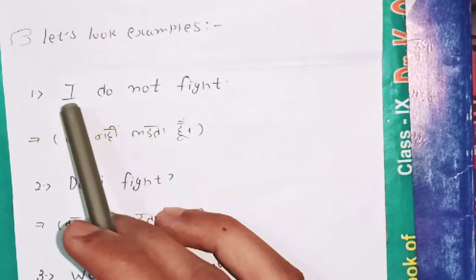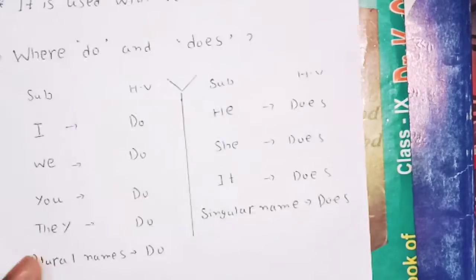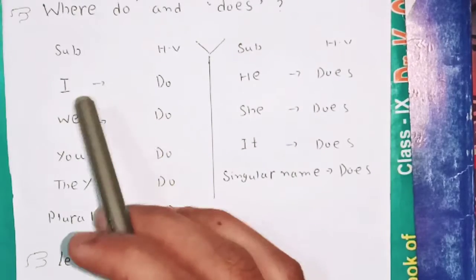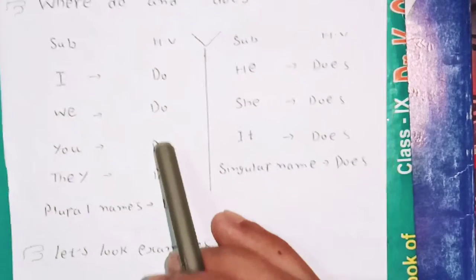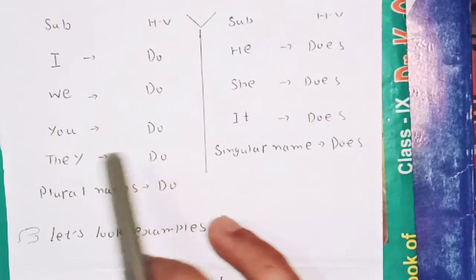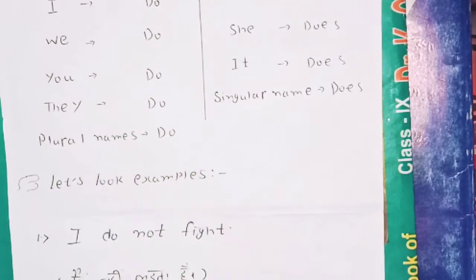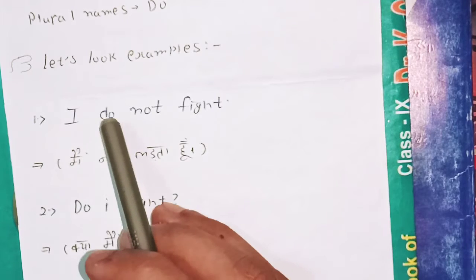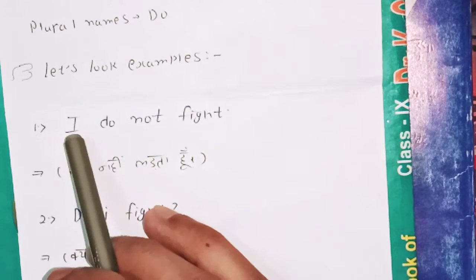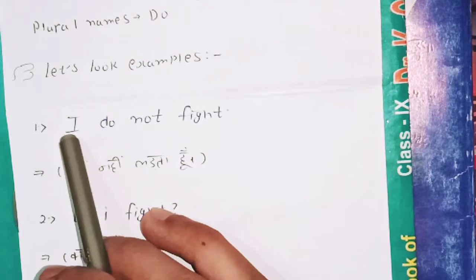The first sentence is: I do not fight. We use do with the subjects I, we, you, they and plural subjects, so here, with I, I wrote do.